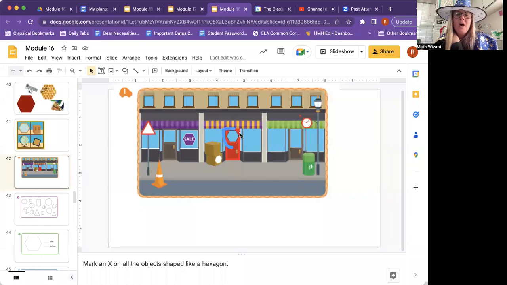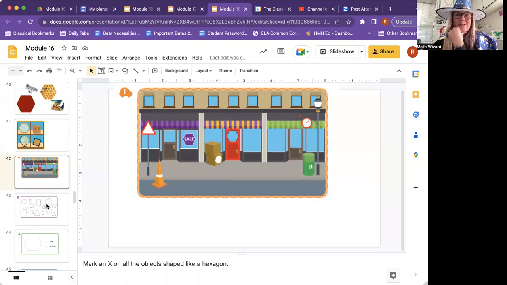Did you find this one? Oh, math wizard, you're supposed to put an X on it. The window, right? Look on this box. Do you see one there? We already talked about the clock. And there's one last one right there, that sign that says sale. Very good.